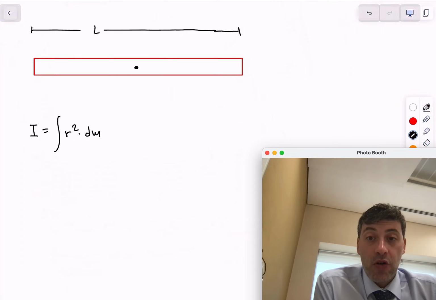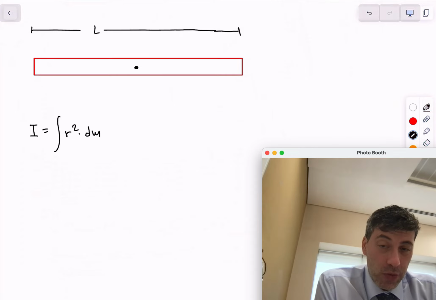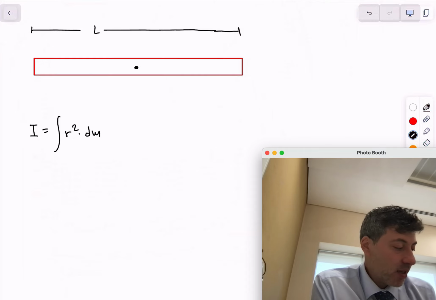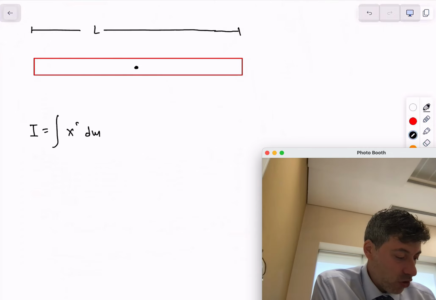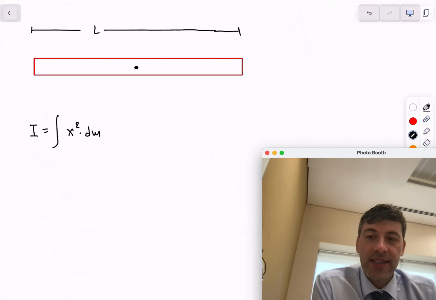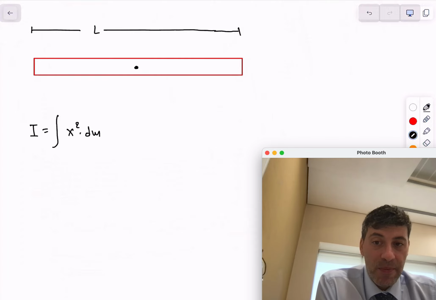Since the rod is a stretched object on the x-axis and r is the distance from the fixed point, it's a little better to consider that r is actually the x-coordinate. So the integral changes to x squared times dm.